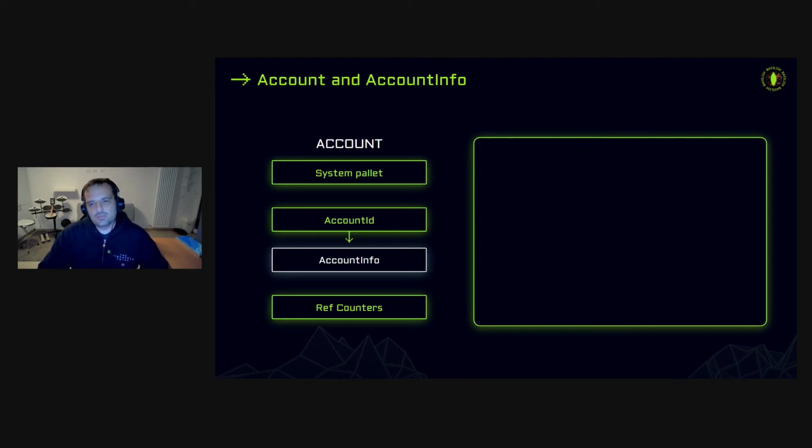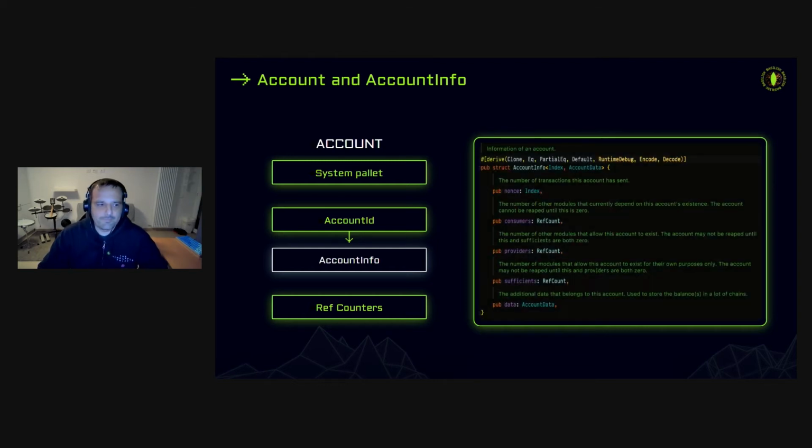In blockchain, your precious tokens are usually tied to an account. In Substrate, an account is identified obviously by an account ID, and some additional data regarding your account is stored on chain. In Substrate, it's a structure called AccountInfo.